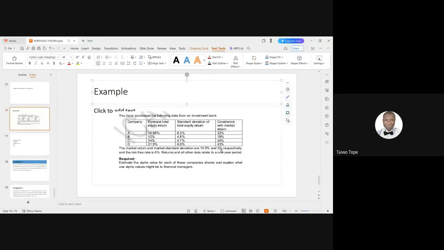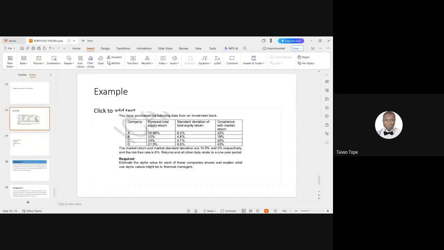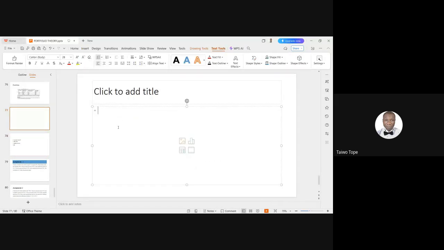Now, you don't need the standard deviation. What do you need? You need the variance, right? From the formula I asked you to put down, you need the market variance. Now, if you have your standard deviation to be 5%, what will be your market variance? 25.